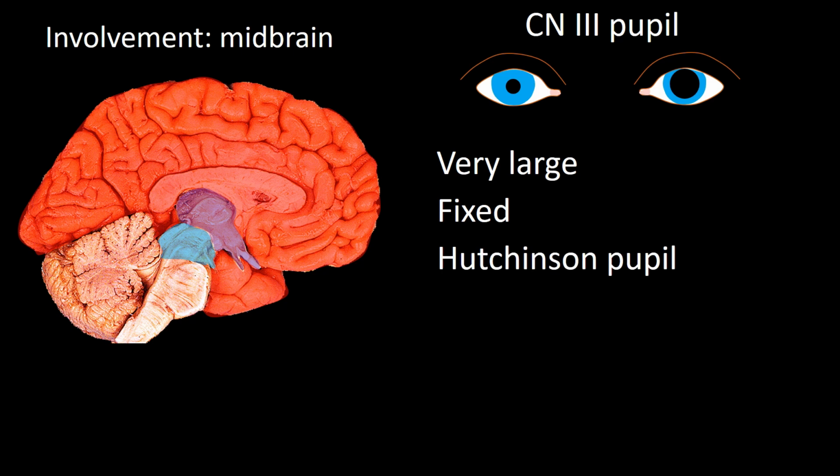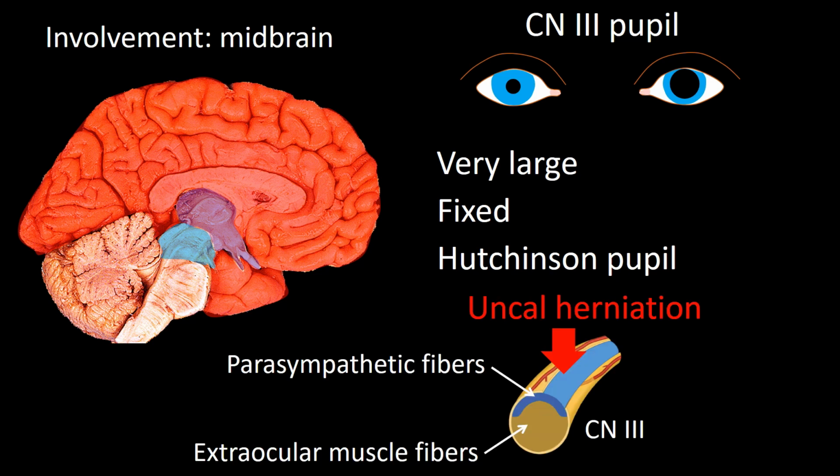Third nerve pupils are often called Hutchinson pupils. Hutchinson pupils are frequently the first ocular sign of uncal herniation due to the peripheral position of the parasympathetic fibers in the third nerve and the trajectory of the herniated tissue, as indicated by the arrow.